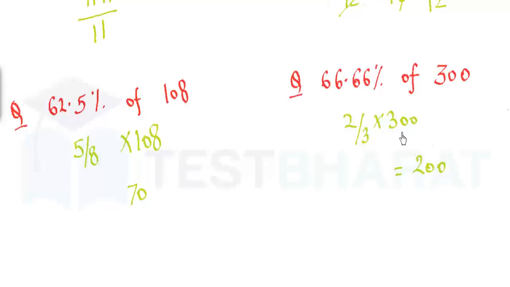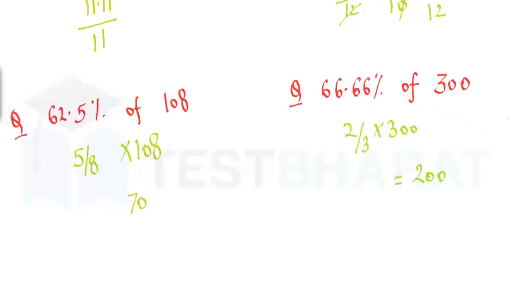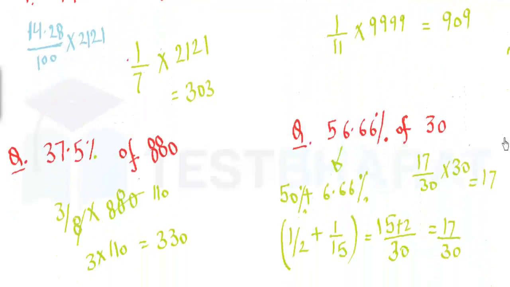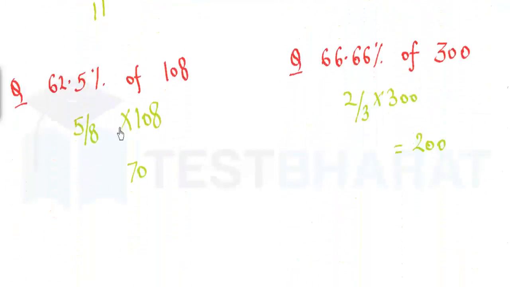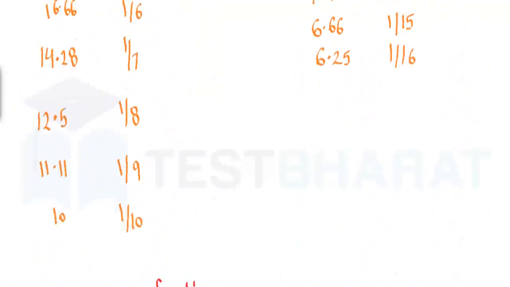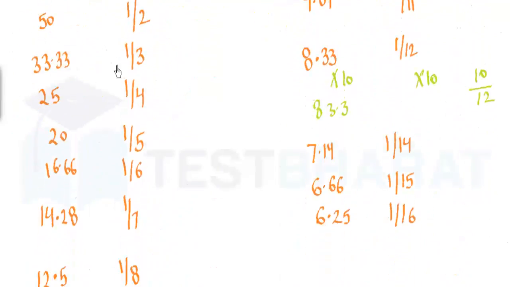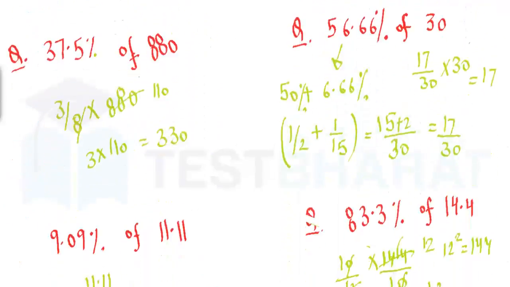So in this video, what we saw is, if we remember the fractions, we can easily calculate percentages. We can also make synthetic fractions if we know the basic fractions, like 50 plus 6.66. Also, in here I have 62.5. If I didn't know this, then I could also manufacture this from these basic 1 to 16 fractions. How can I make this?